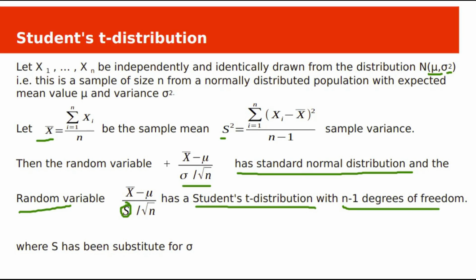This random variable is generally denoted as z, this random variable is denoted as t. The difference here is that the sample standard deviation s is used in place of the population standard deviation sigma. In place of this sigma, if s is used, then this random variable will follow Student's t-distribution.